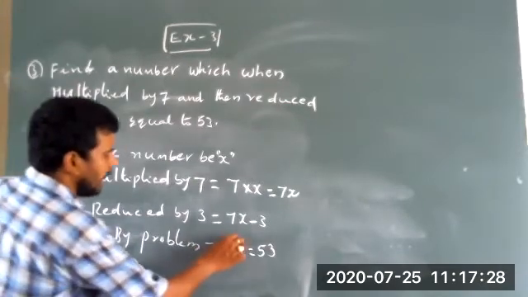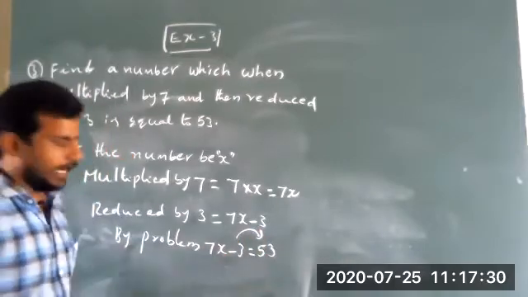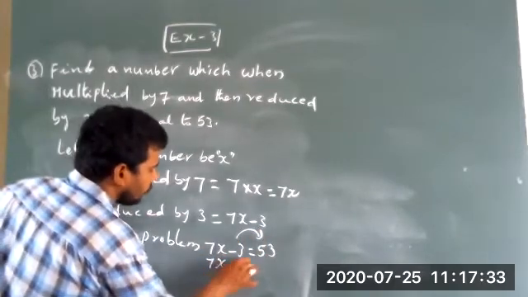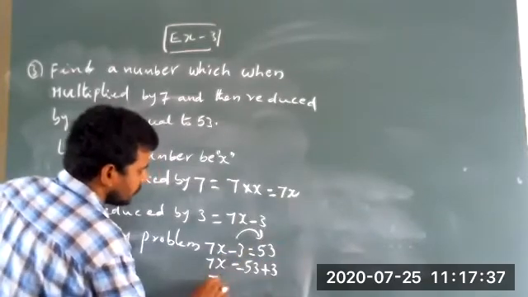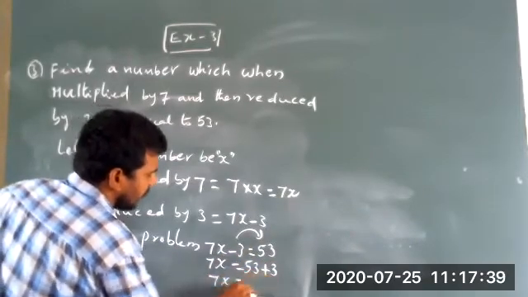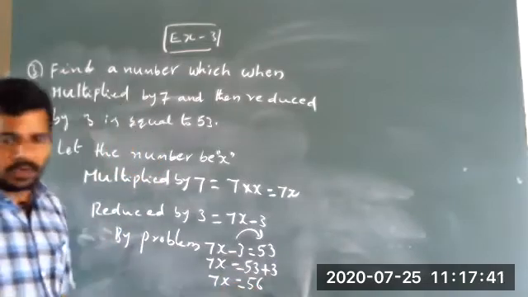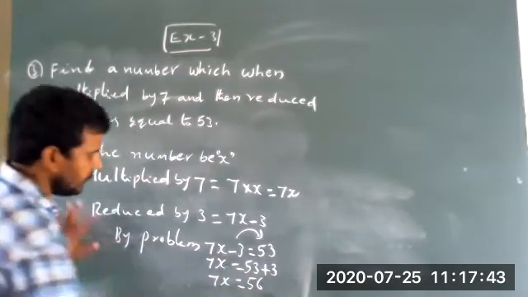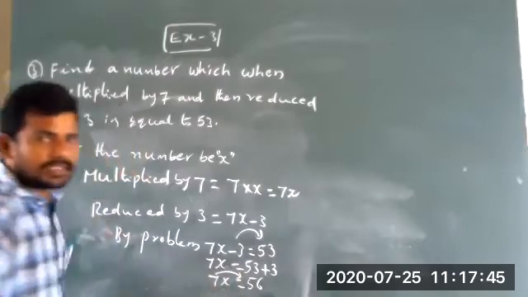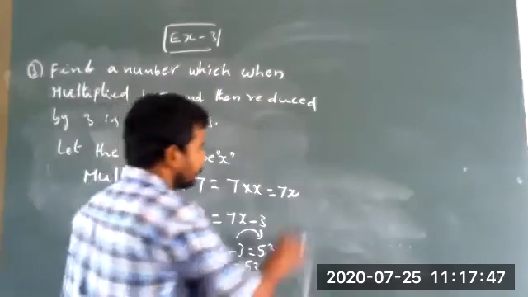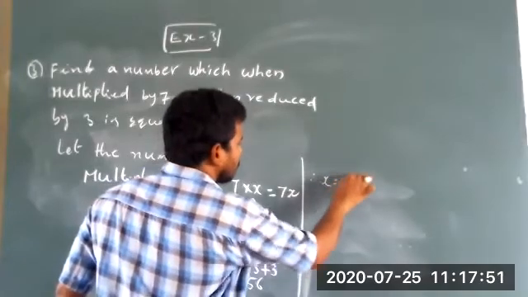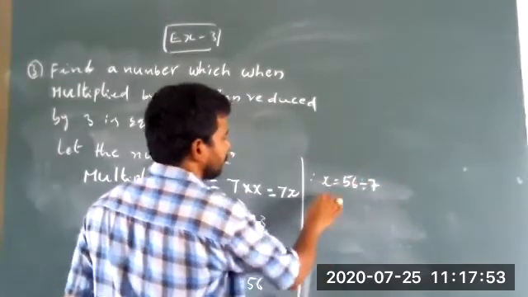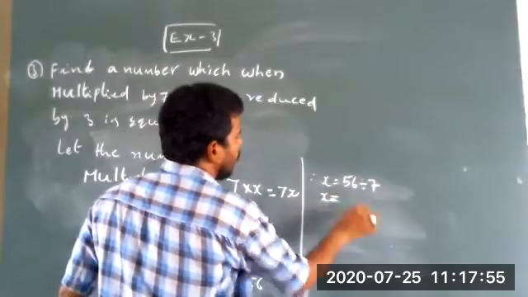So now minus 3 is sent to the RHS side. 7x equal to 53, this minus 3 becomes plus 3. So 7x equal to 53 plus 3, 56. How much, children? 56. Now this 7 is sent to the RHS side. Therefore, x equal to 56 divided by 7. 56 divided by 7, how much, children?